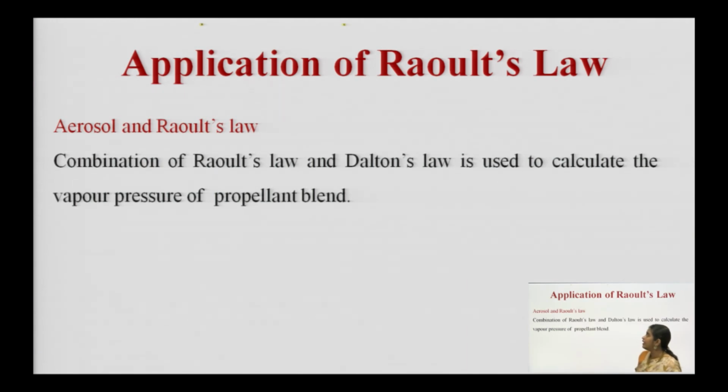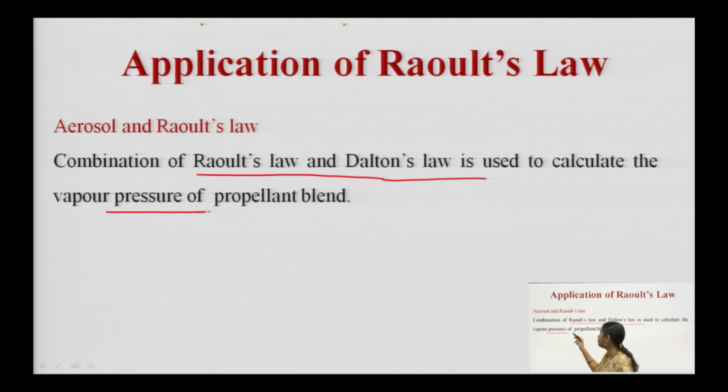Then comes aerosols and Raoult's law. Now, in case of aerosols, here we basically use a combination of Raoult's law and Dalton's law to calculate the vapor pressure of the propellant blend.